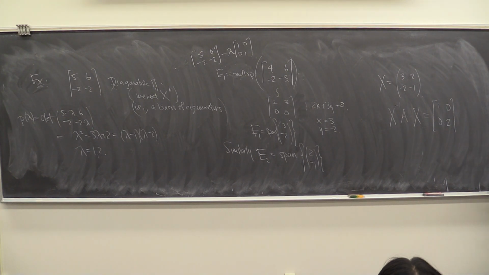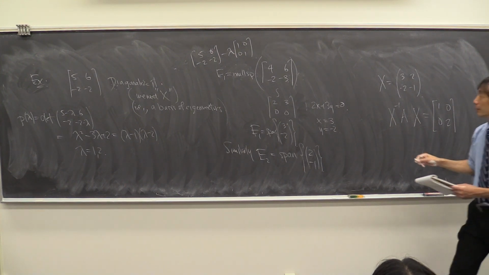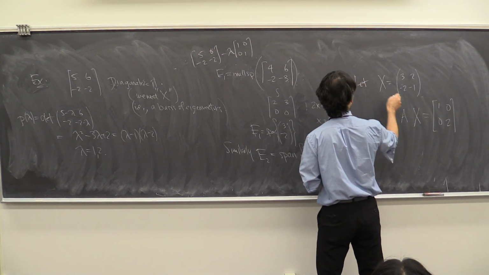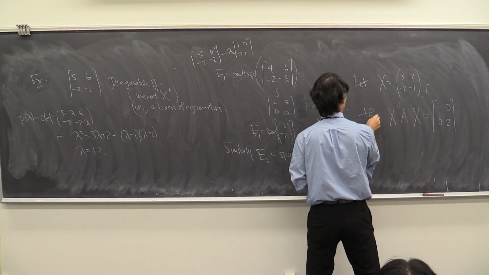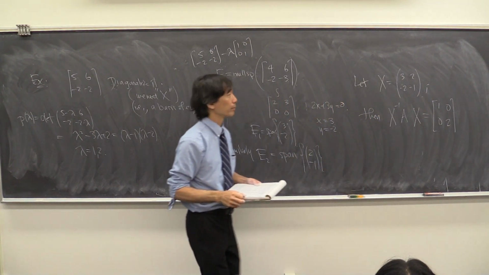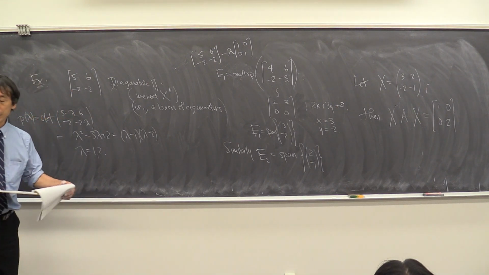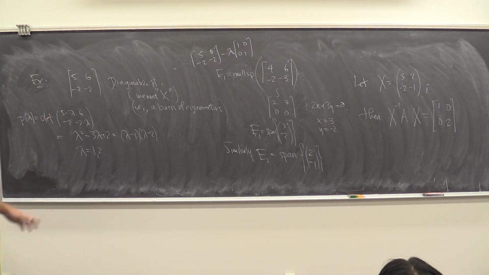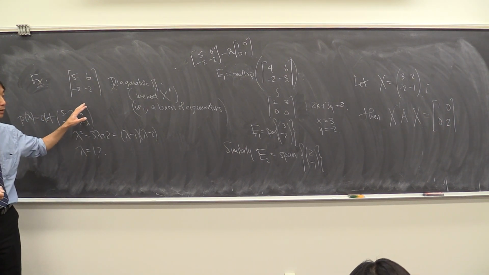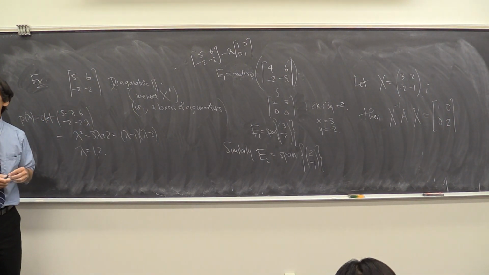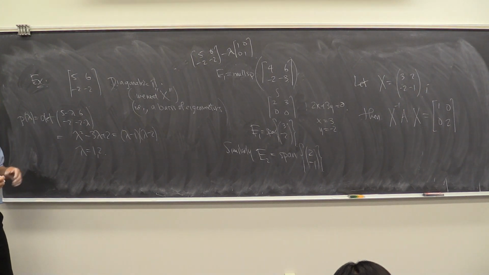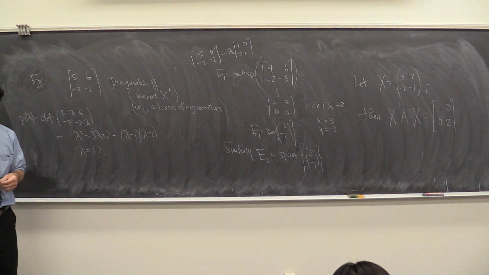And that would be our diagonalization. So this is how you concretely diagonalize a matrix. You just find a basis of eigenvectors, and then you use that to create the matrix that you want to conjugate by.